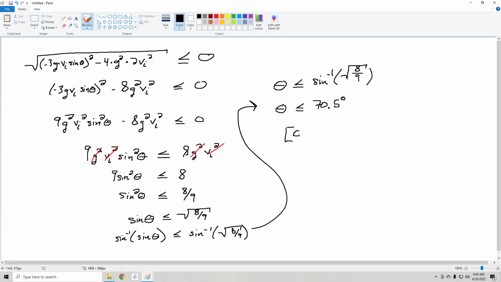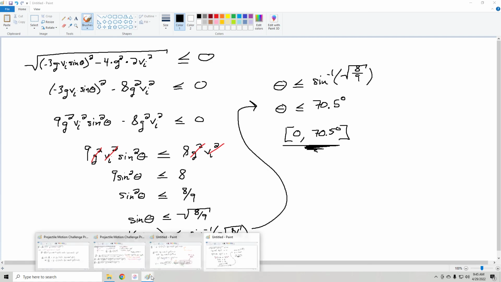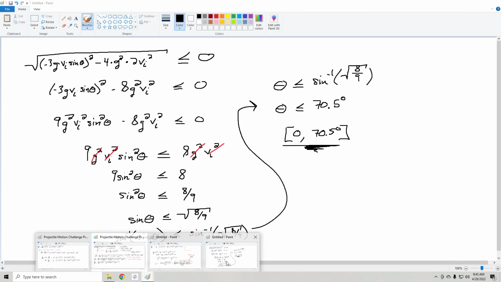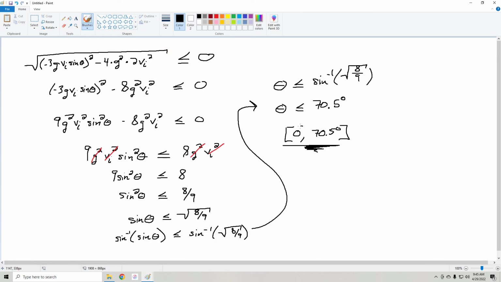So theta can be any angle between 0 and 70.5 degrees, but we were asked specifically to find the maximum one. Oh, well, that's pretty simple. If it can lie anywhere between 0 degrees and 70.5 degrees, then the maximum angle is 70.5 degrees.